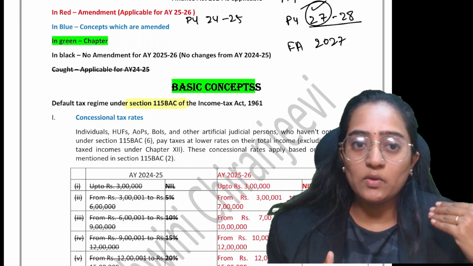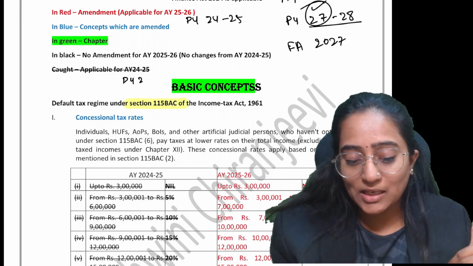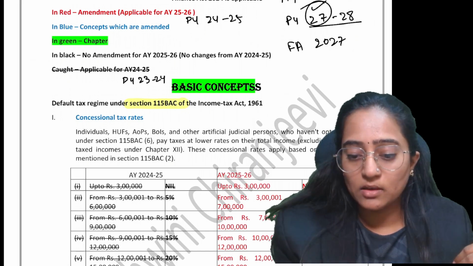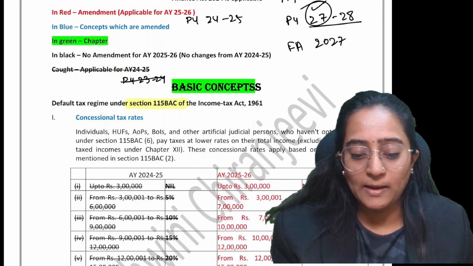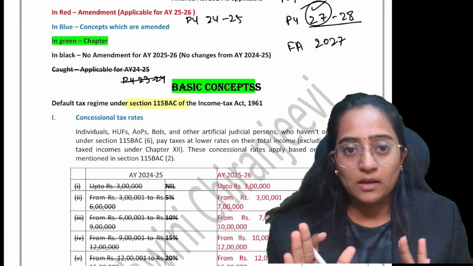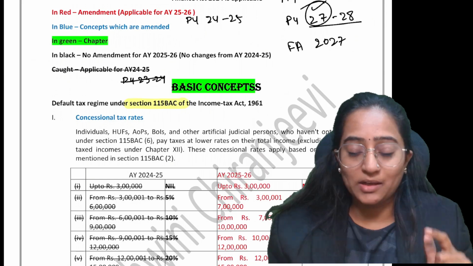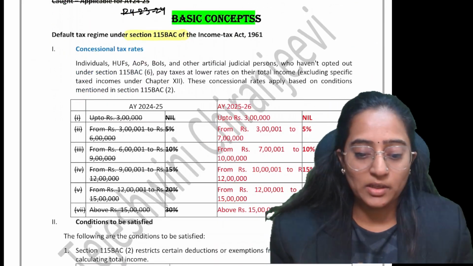What is for AY 24-25, PY 23-24, is for the previous year, and that is why it is caught like this. If it is struck out somewhere, it means it is deleted or updated. Based on this small point, let's start our amendments here.